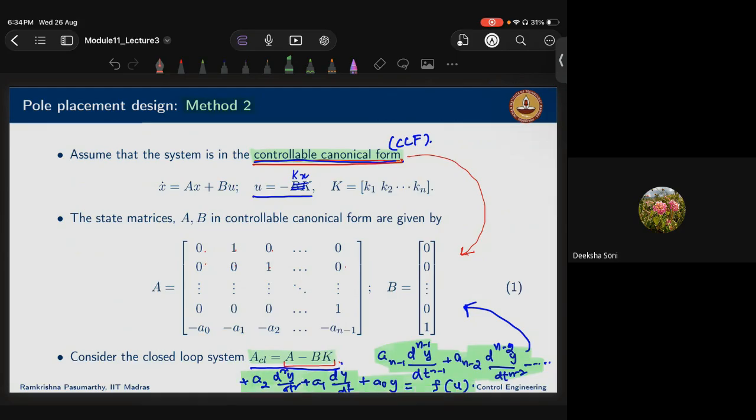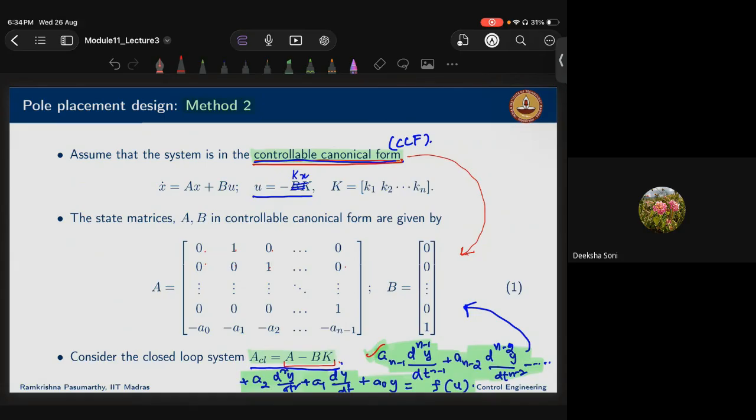What is this differential equation? It has a(n-1) d^(n-1)y/dt^(n-1), a(n-2) d^(n-2)y/dt^(n-2). So you have a system, and if you write down the modeling equations, it turns out to be like this.